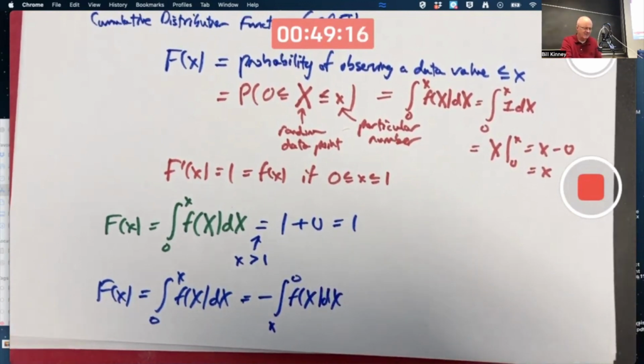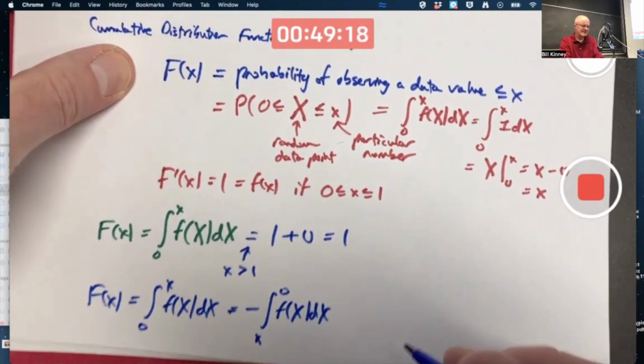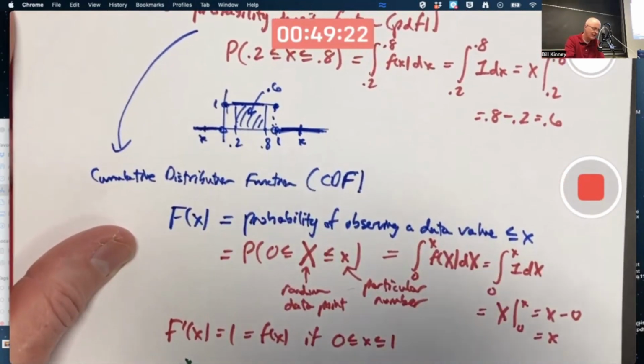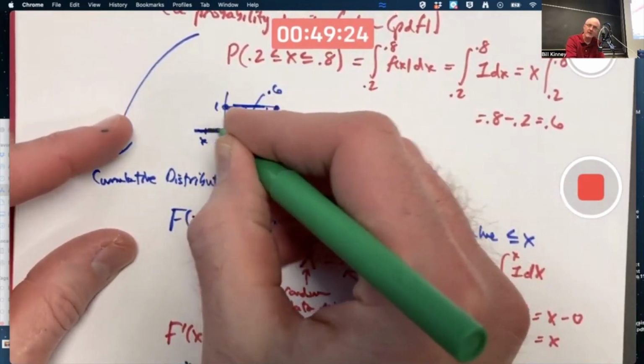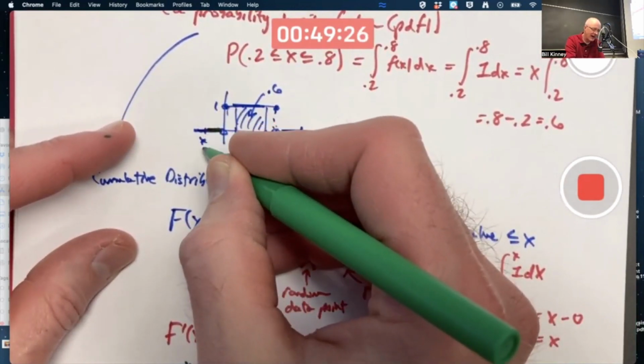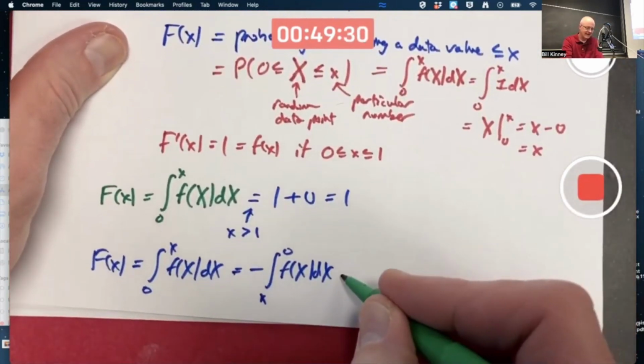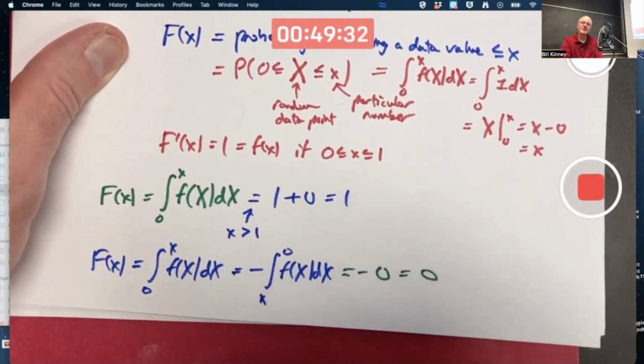However, this example is both strange and simple at the same time. Little f is 0 over here. The area under the graph from x to 0 is 0. This is negative 0, which is 0.